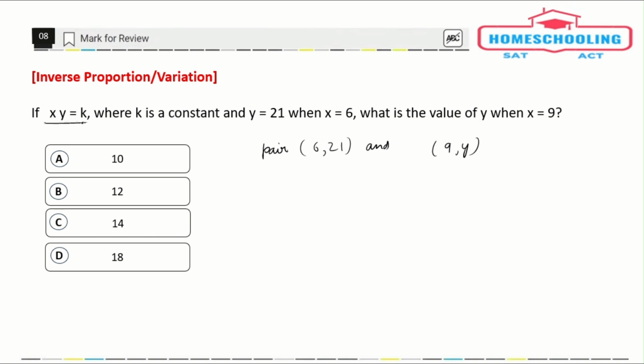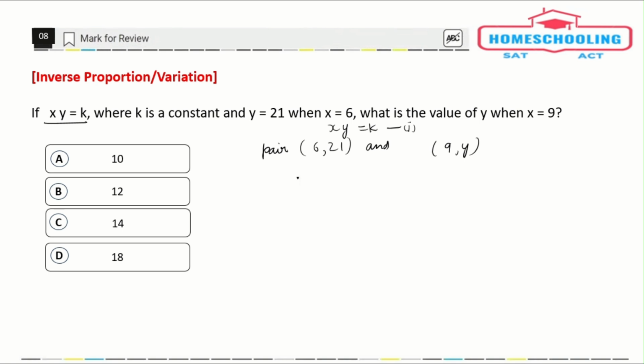In the question it is said that x into y is equal to k. Let's take this as equation 1. We have two ordered pairs: one pair where x is 6 and y is 21, and another pair 9 and y. So we will put both pairs in equation number 1.